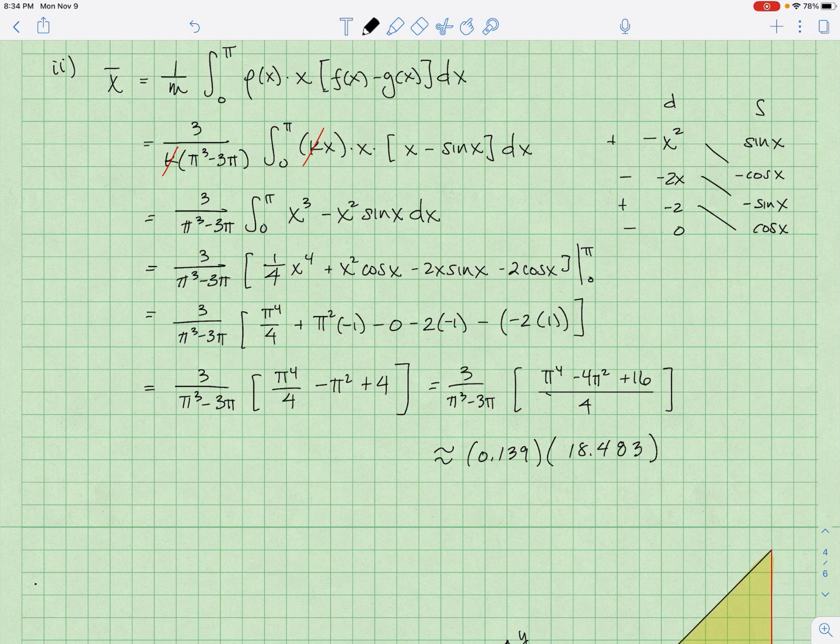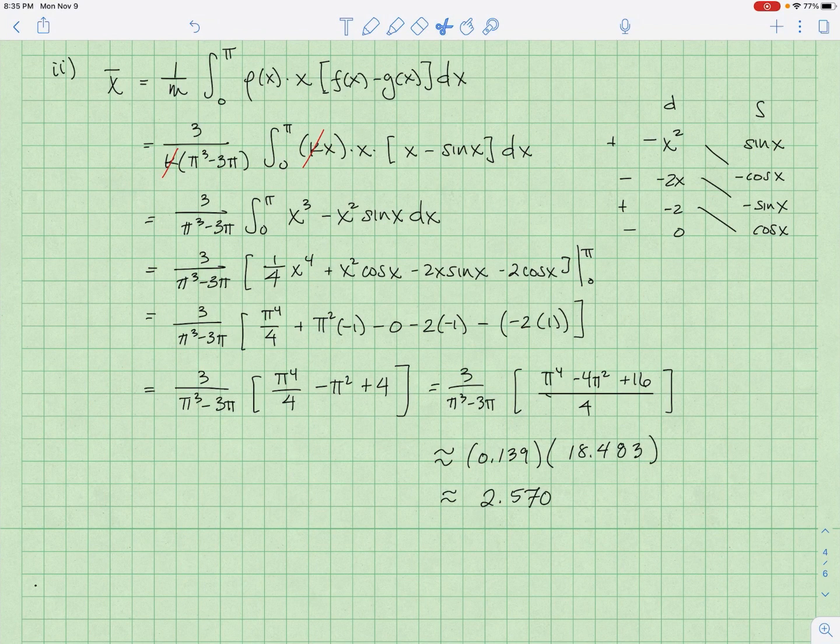If we multiply those together, I'm carrying a lot of accuracy here on my calculator, you get about 2.570 roughly. And that is x bar. All right, let's find y bar.